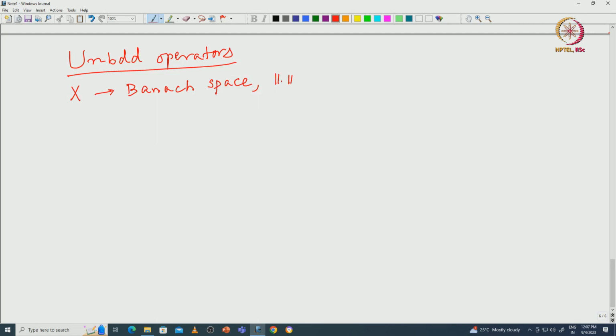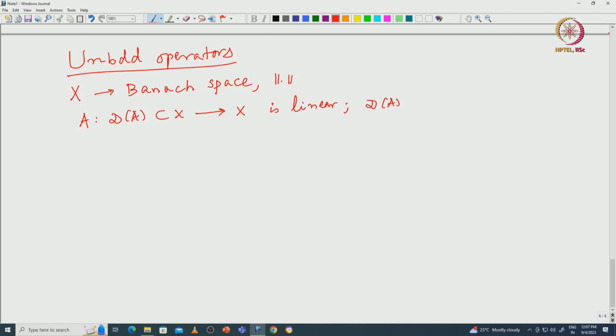So A is linear from some subspace D(A), again an important thing.